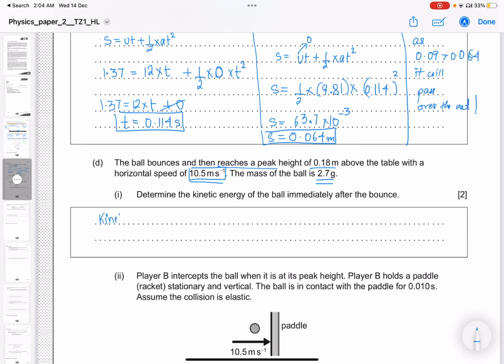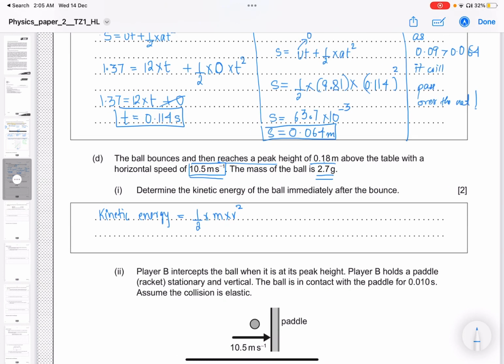The formula for kinetic energy is half into m into v squared. It has reached the peak height of 0.18 meters. We'll write this afterwards.